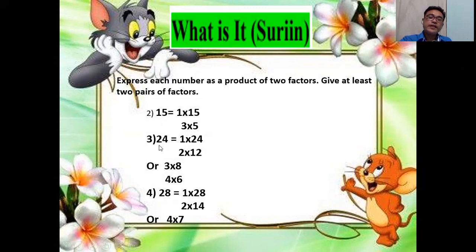For number 3, 24, we have 1 times 24, 2 times 12, or 3 times 8, or 4 times 6. And number 4 is 28. We have 1 times 28, 2 times 14, or 4 times 7.